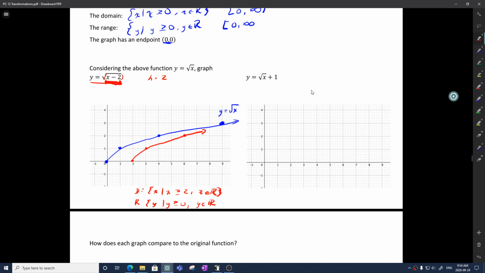So my radicand has to be greater than or equal to 0. If I add 2 to both sides of this inequality, x has to be greater than or equal to 2. So that might be a good solid explanation of the domain that I see in my graph.